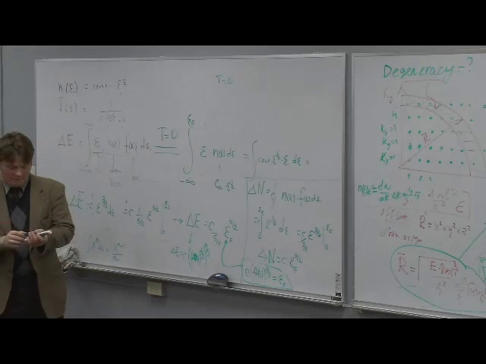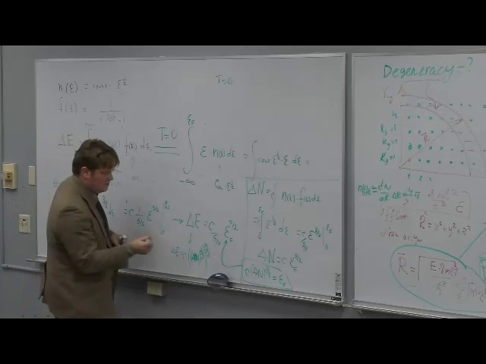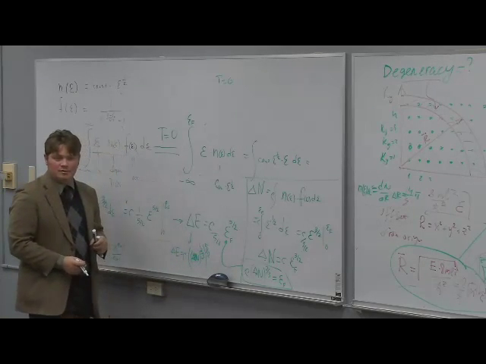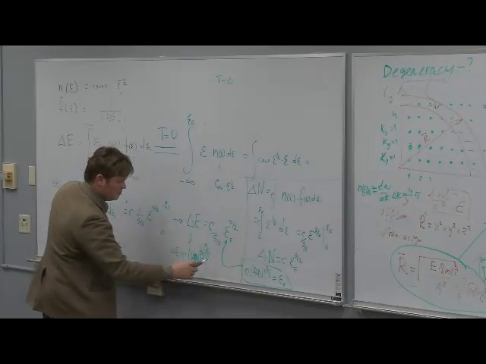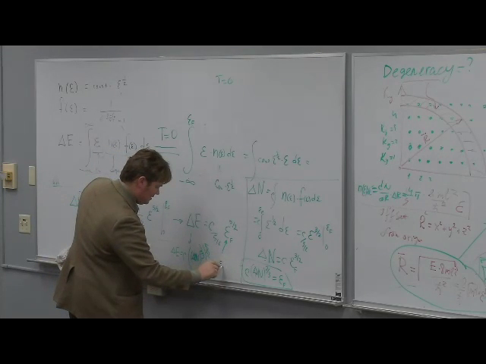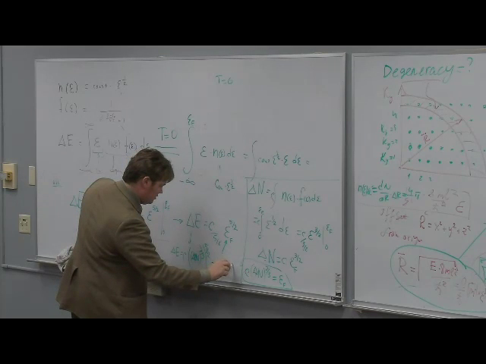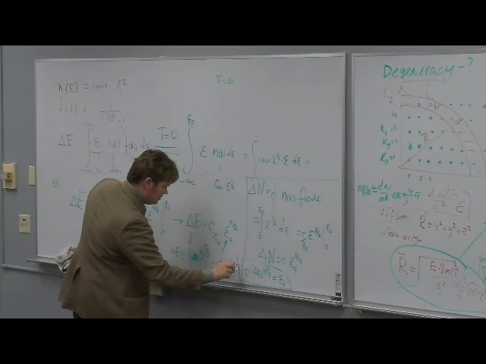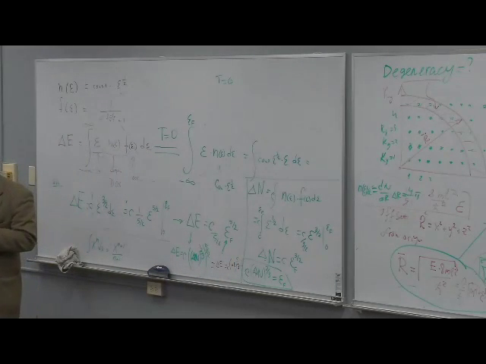Good. Can we cancel the powers this way? So delta E equals constants times delta n to the power 5/3. But we need not the total number of energy, we need the density. Right?